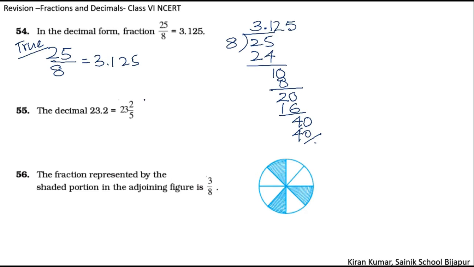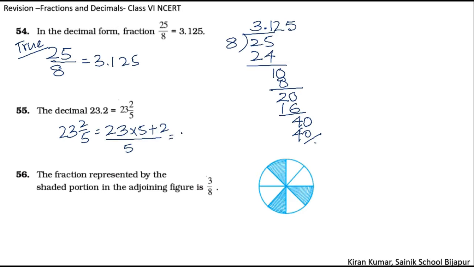Statement number 55. The decimal 23.2 is same as 23 2 by 5. Again, we need to cross-check it. When I consider 23 2 by 5, it means that it is 23 into 5 plus 2 divided by 5.